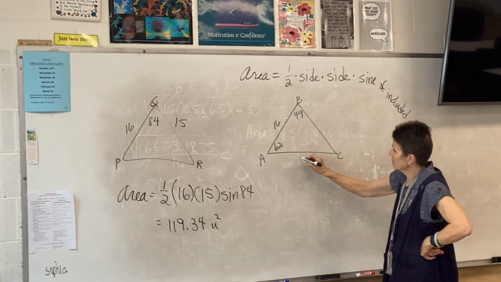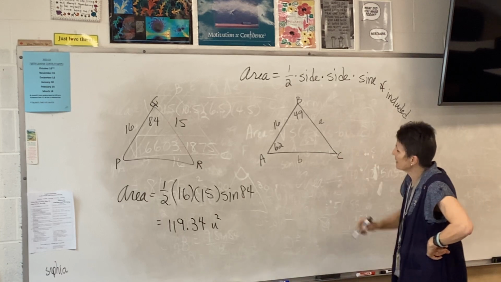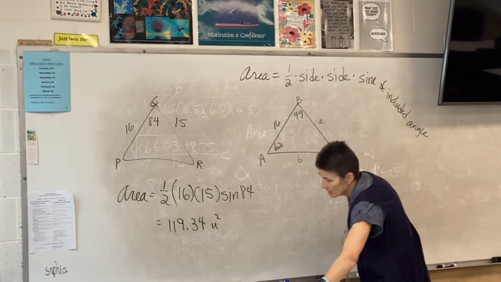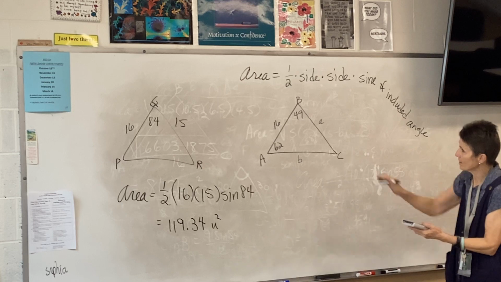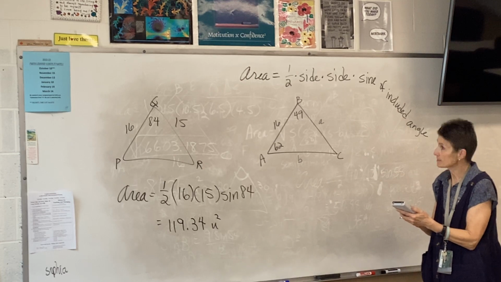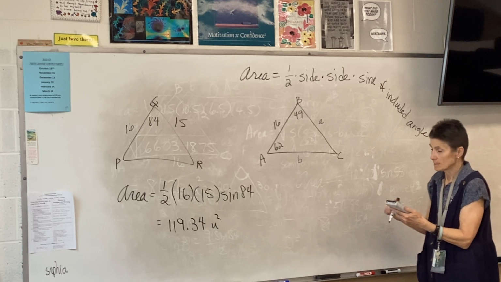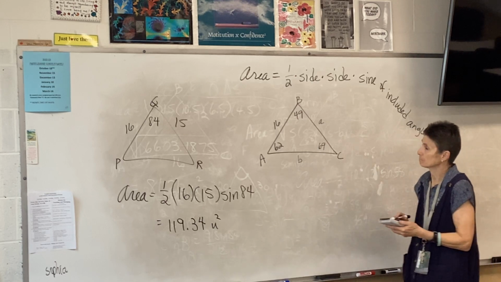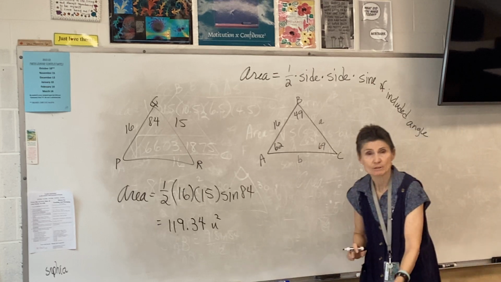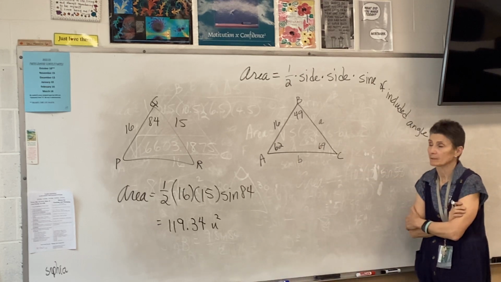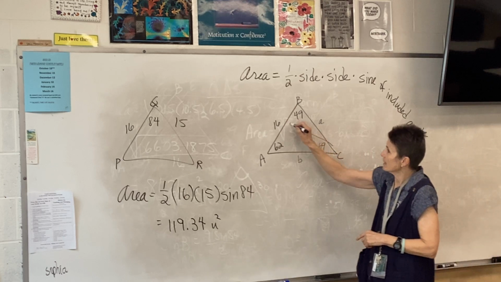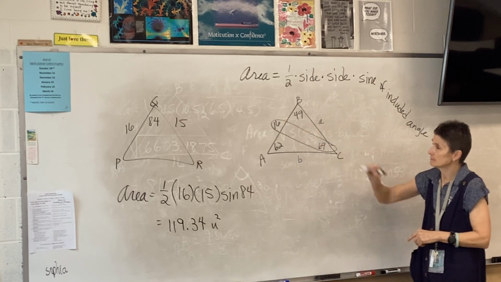I'm going to find a side. So let's see, this would be side B, and this would be side A over here. Looking at that triangle, don't I know that angle C is 69? Because the angles of a triangle add up to 180. And now, don't I have a pair?